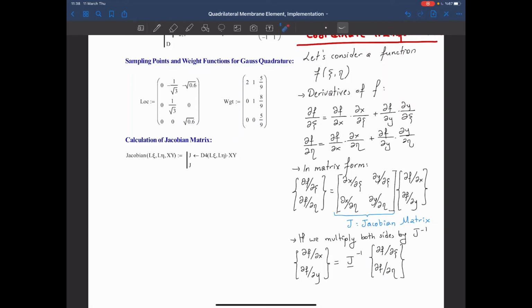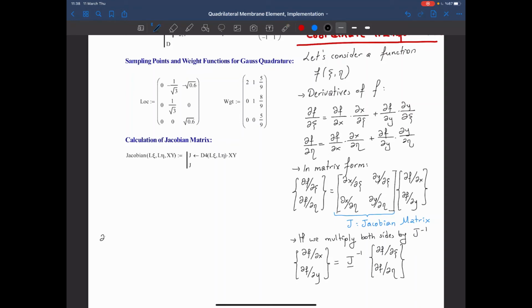So in the derivation, remember that we have derivatives with respect to x and y, and by using the following transformation, I can write the x derivative in terms of derivatives with respect to psi and nu. How? Let's write that in here.